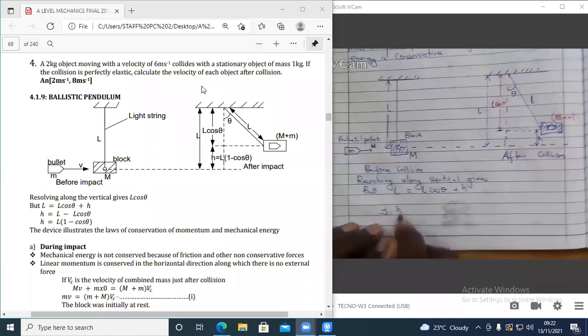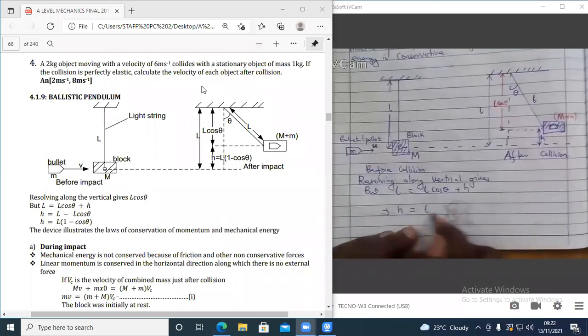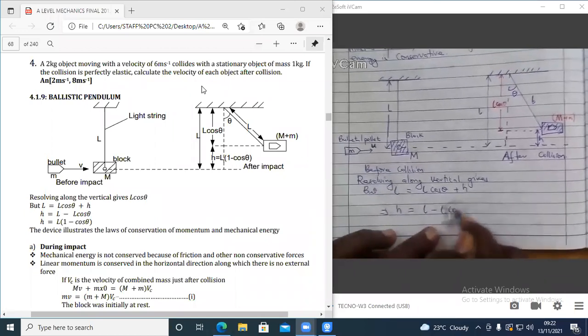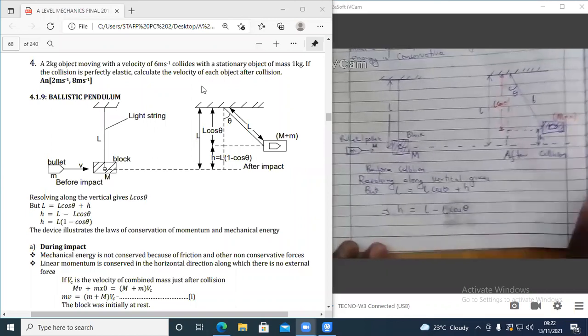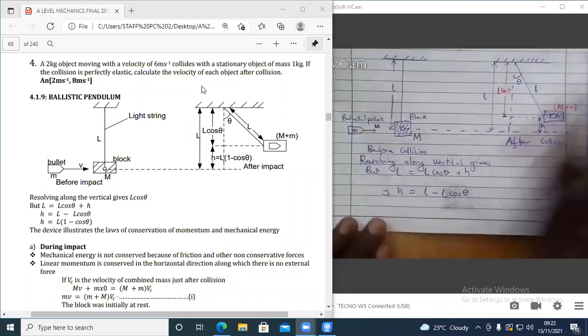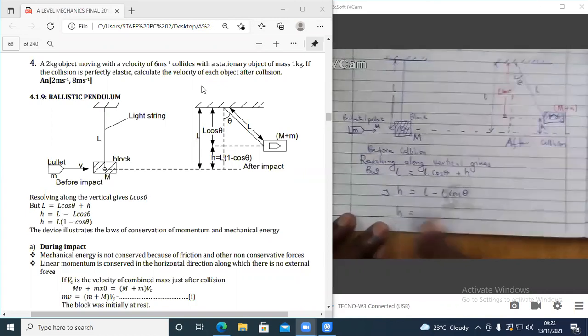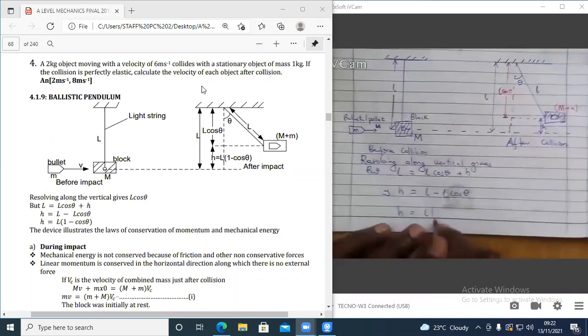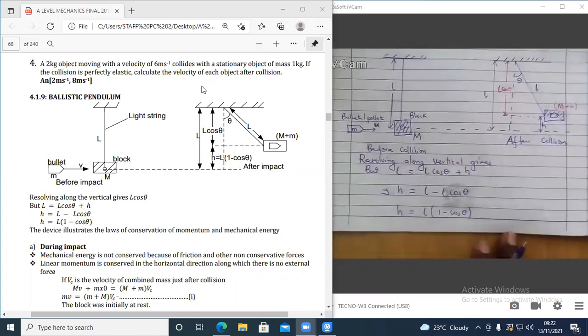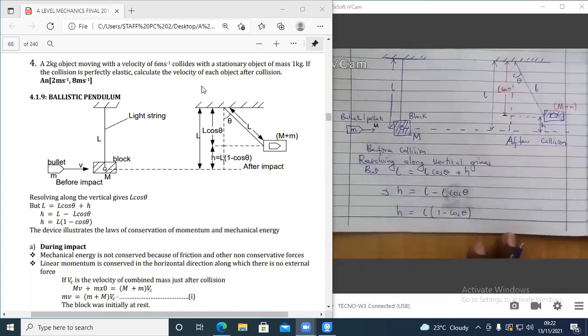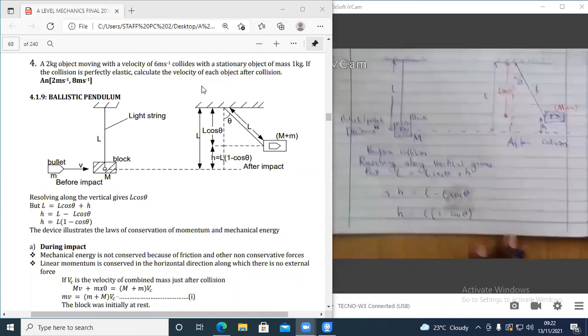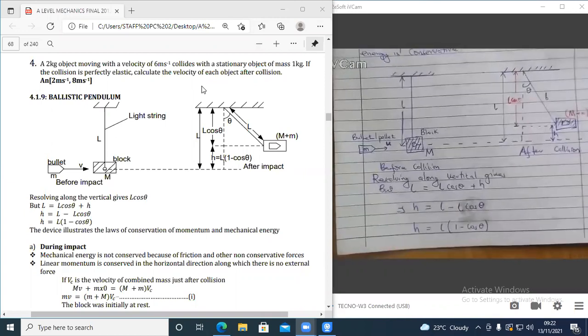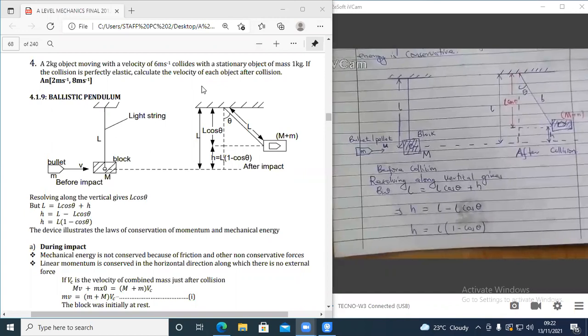Our height will be L minus L cos theta, so the height h is given by L into 1 minus cos theta. Have you seen that, members? Yes, teacher.